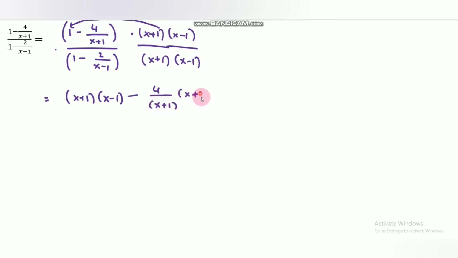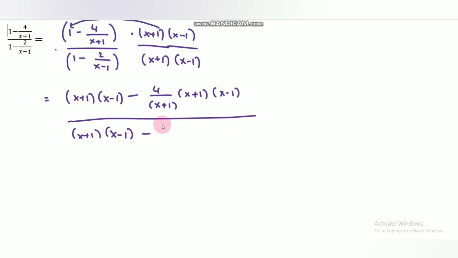I multiply x plus 1, x minus 1 into that, over, this one will be x plus 1, x minus 1, multiplied, and minus 2 over x minus 1, multiplied by x plus 1, x minus 1, right? So you can cancel. So in the end, I can have a simplified one, which is x squared minus 1. This is x squared minus 1, right?